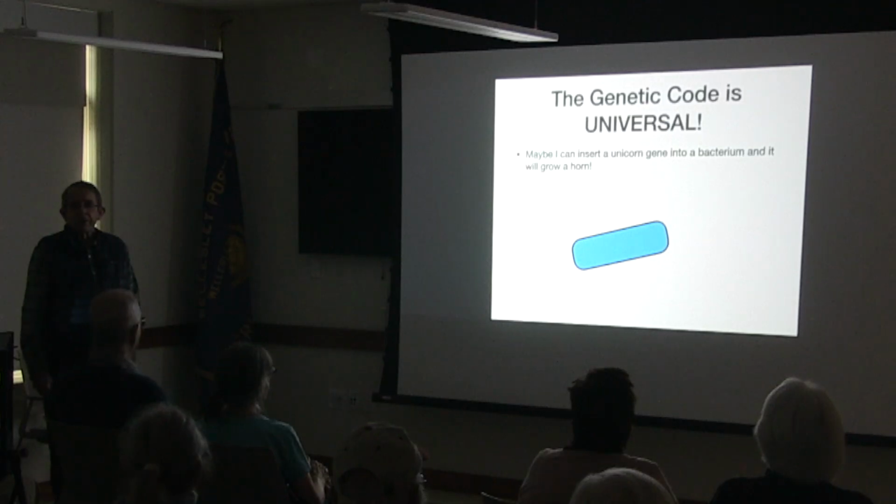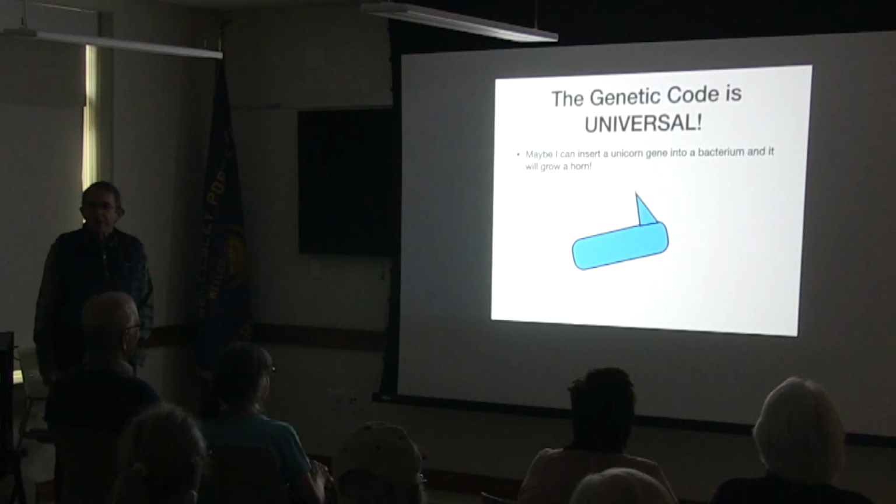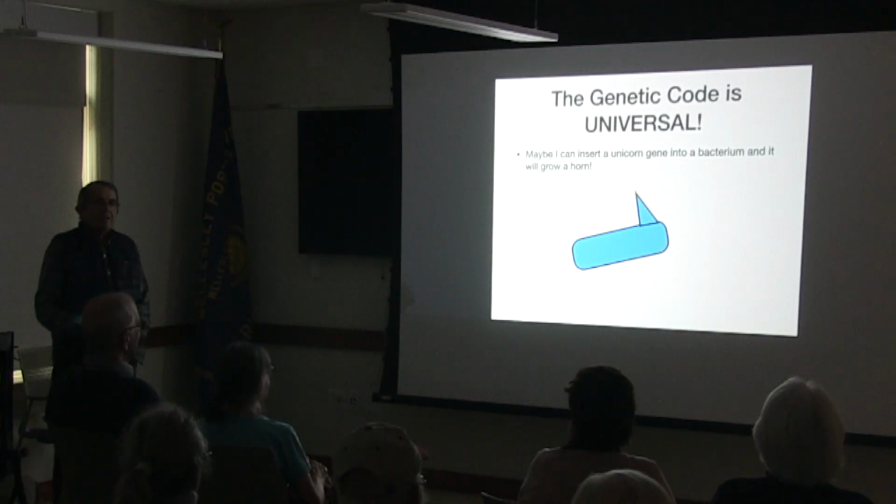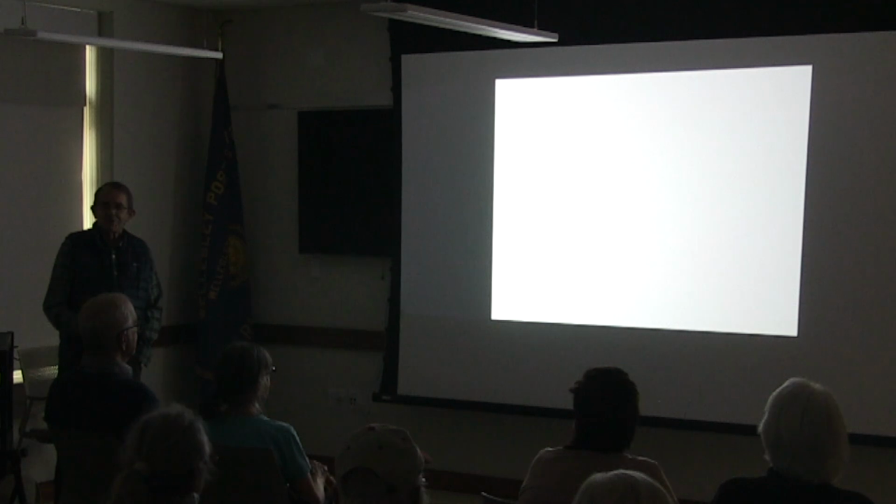There's a bacteria, and maybe we can get it to grow a horn, right? That's a little silly, mostly because nobody could find a unicorn. If there were such things, somebody would have tried it.